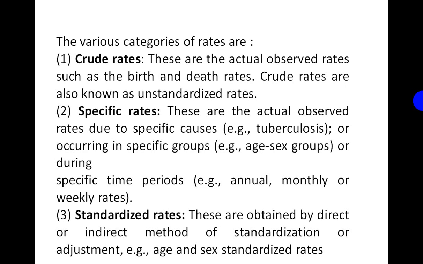The various categories of rates. First, the crude rate. These are the actual observed rates, such as the birth and death rates. Crude rates are also known as unstandardized rates. Second, specific rate. These are the actual observed rates due to specific causes, for example tuberculosis, or occurring in a specific group, for example age or sex groups, or during specific time periods, for example annual, monthly, or weekly rates.